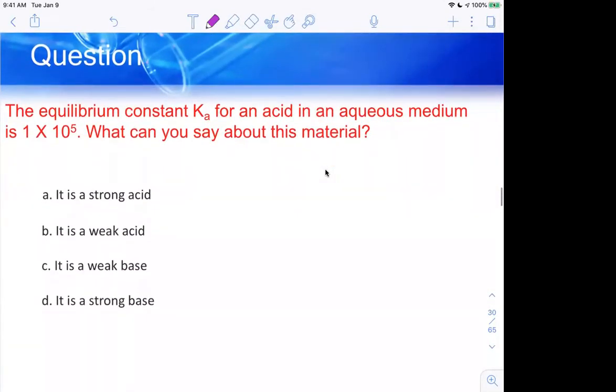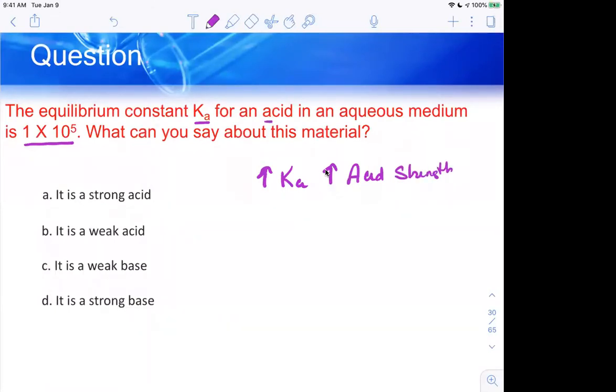Okay. Just to reiterate a couple of principles that we've already discussed, if my Ka for an acid is 1 times 10 to the 5th, what can I say about this material? 1 times 10 to the 5th is a very large number. Remember, if I increase Ka, I increase acid strength.